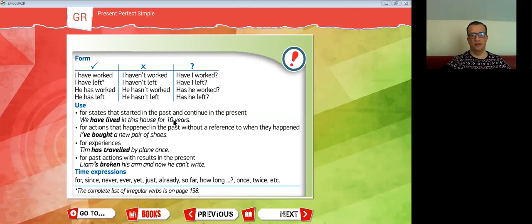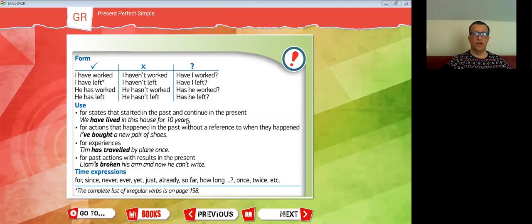And at this last moment, or at this last second, it is 10 years. 10 years finished. So we use present perfect tense. We have lived in this house for 10 years. Actually, we are still living in this house. But now, at this moment, it is 10 years that we lived in this house. So we say, we have lived in this house for 10 years.